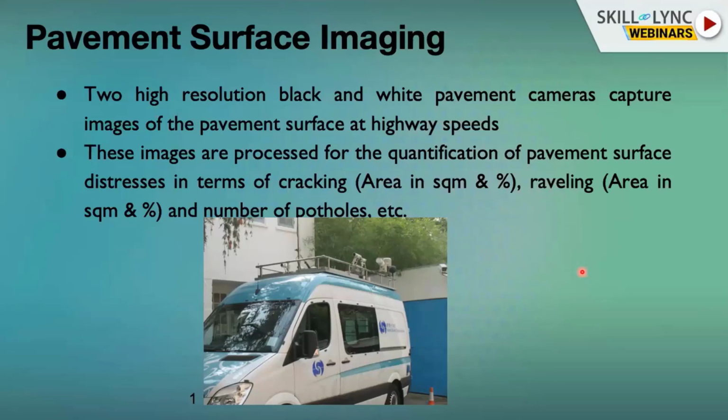By using these two techniques, it will automatically identify and quantify all the types of distresses, and it will give you an Excel sheet that for this road, for 1 kilometer, what my area of cracking is, what the area of raveling is, how many potholes are there. All these details will be generated in terms of reports.